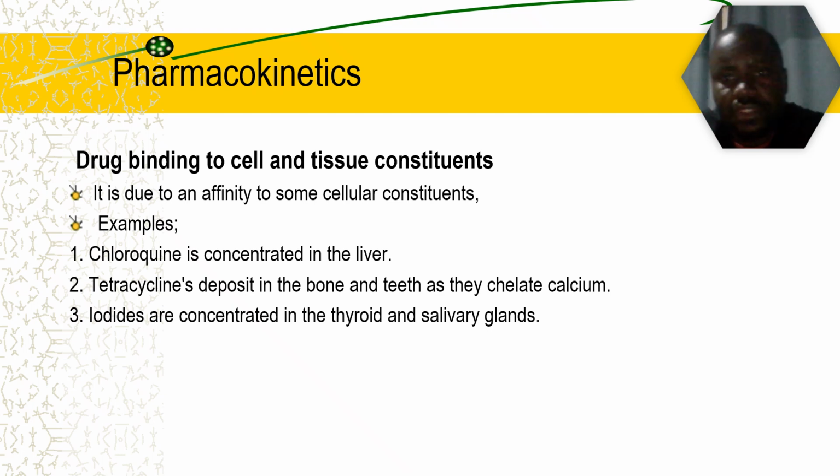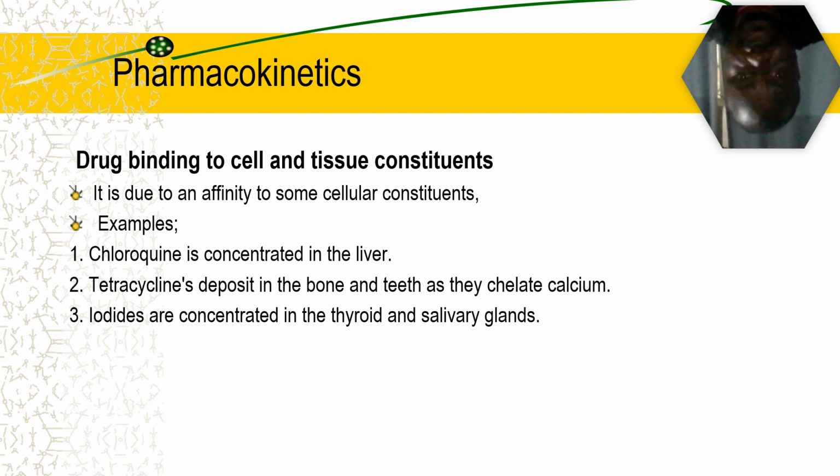Also, iodine tends to be concentrated more in salivary glands as well as thyroid glands because of its affinity for thyroid tissue. Therefore, if you administer iodine in thyroid conditions, it will be useful because it is highly concentrated there and it will affect how thyroxine is processed. So that is very, very important.